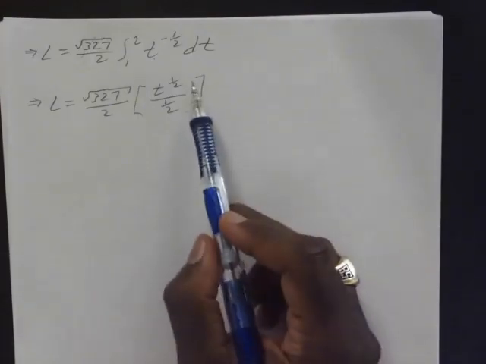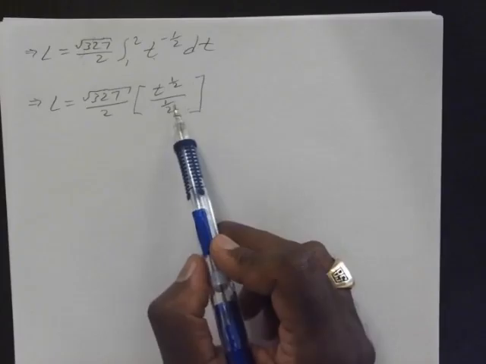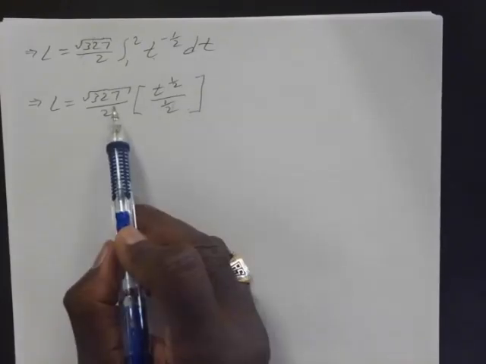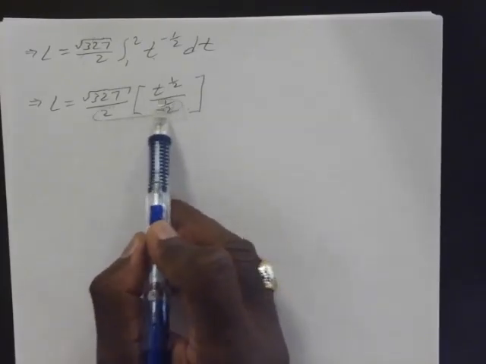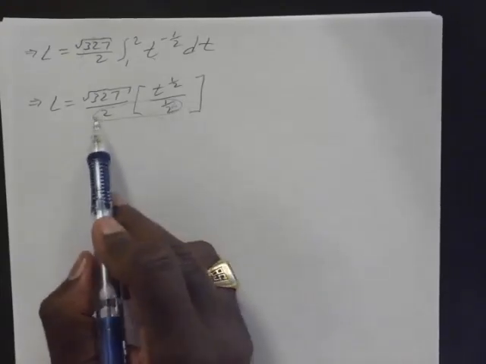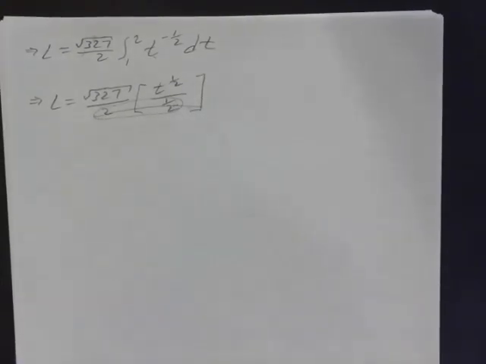Normally I'd multiply this by 2/2 to get rid of the 1/2 in the denominator, but because this 2 is already there, we multiply those two, we do get 1.